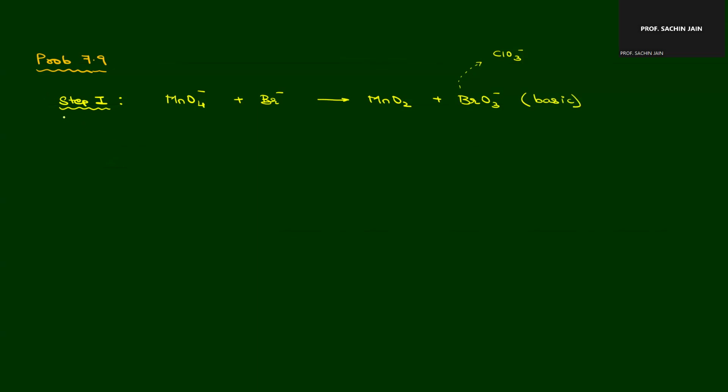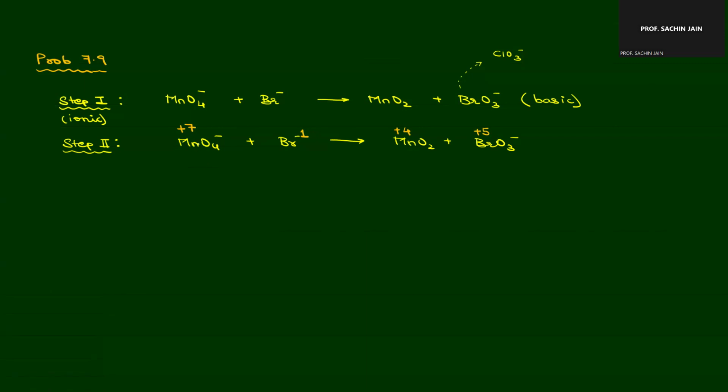So as I said, step 1 is to write the ionic reaction, which we have written. Step 2 is the ABI rule. You have to perform 3 things for the given reaction: assigning, balancing, and identification. So I'll rewrite the equation and assign the oxidation states. Mn in permanganate is +7, bromide is -1, Mn is +4, and bromine is +5.